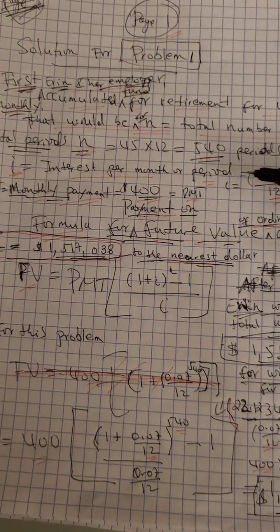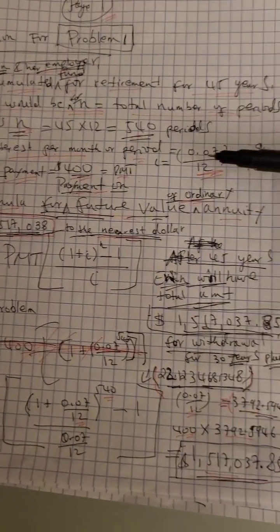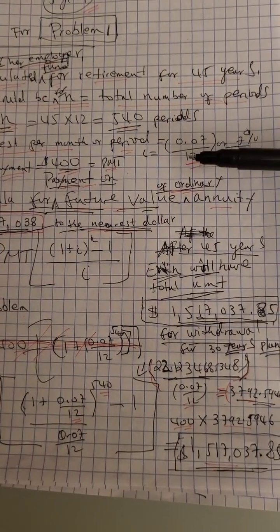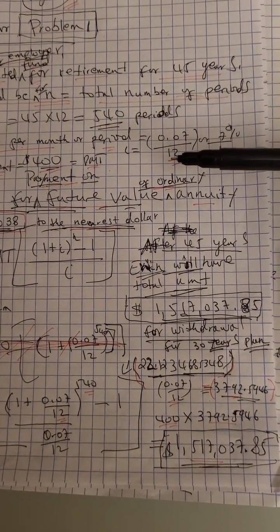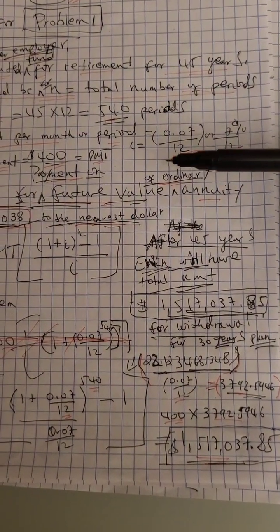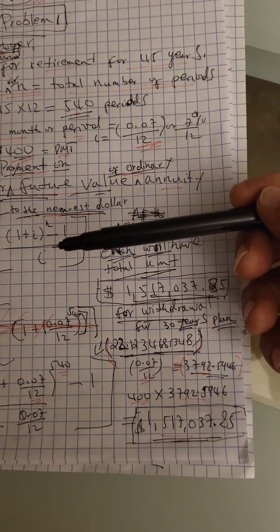So 7% means 0.07. This is for a year, for 12 months. So for each month it will be 0.07 divided by 12. That is the periodic interest rate i, every month.